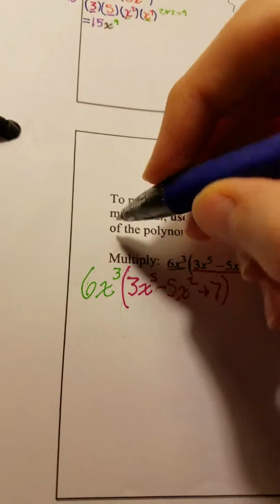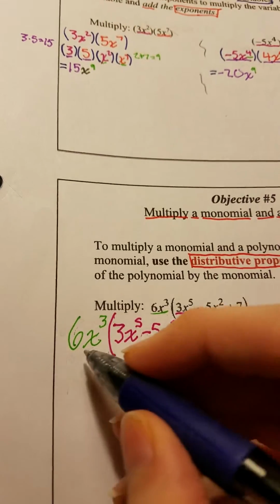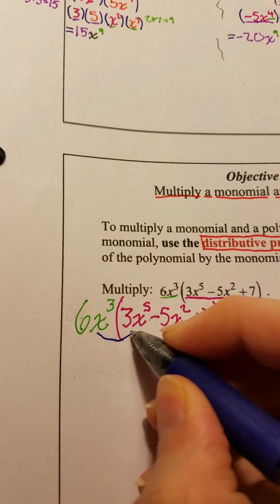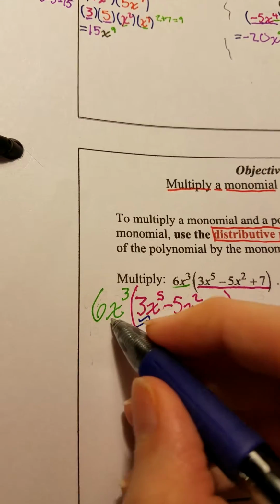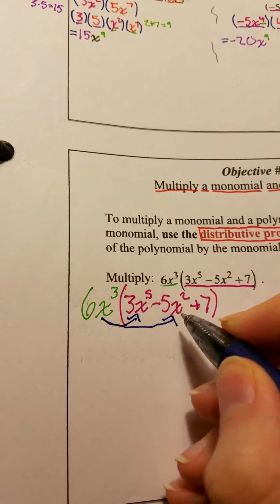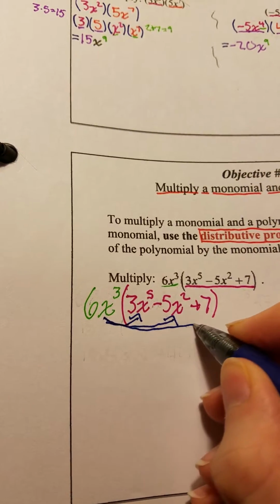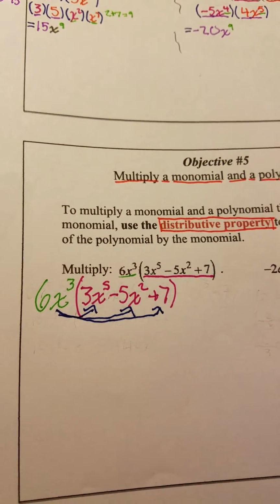So you're going to distribute it. I have to draw my arrows under. You have to distribute it here, and then you have to distribute it here, and then you have to distribute it again to here.